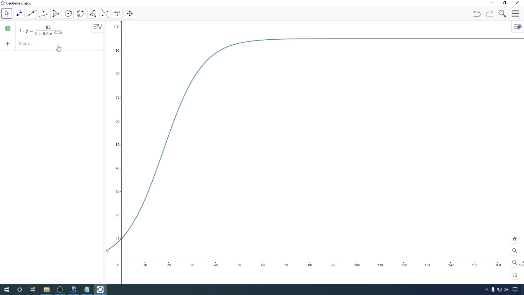Now it was asking us in the problem to estimate how fast you're typing after 10 weeks. So we could say it's somewhere a little bit more than 25.